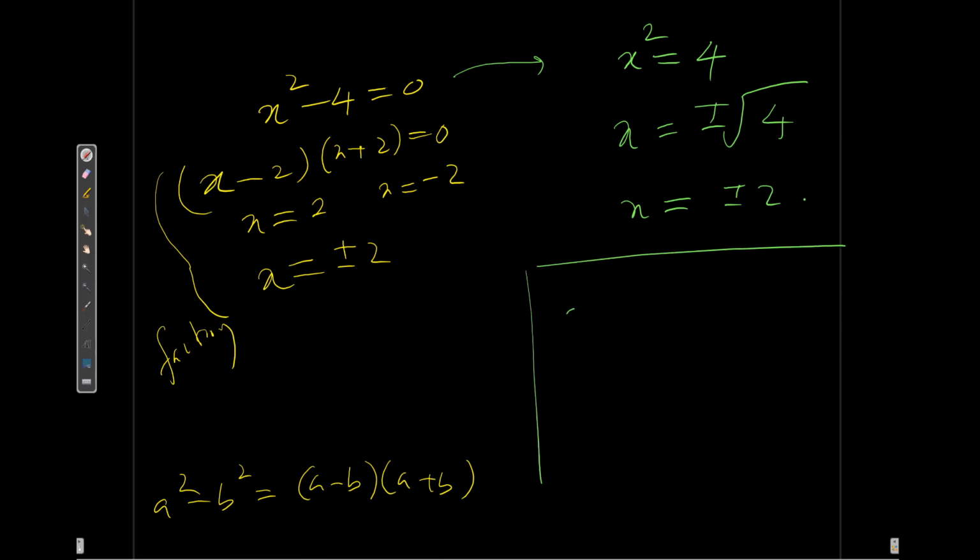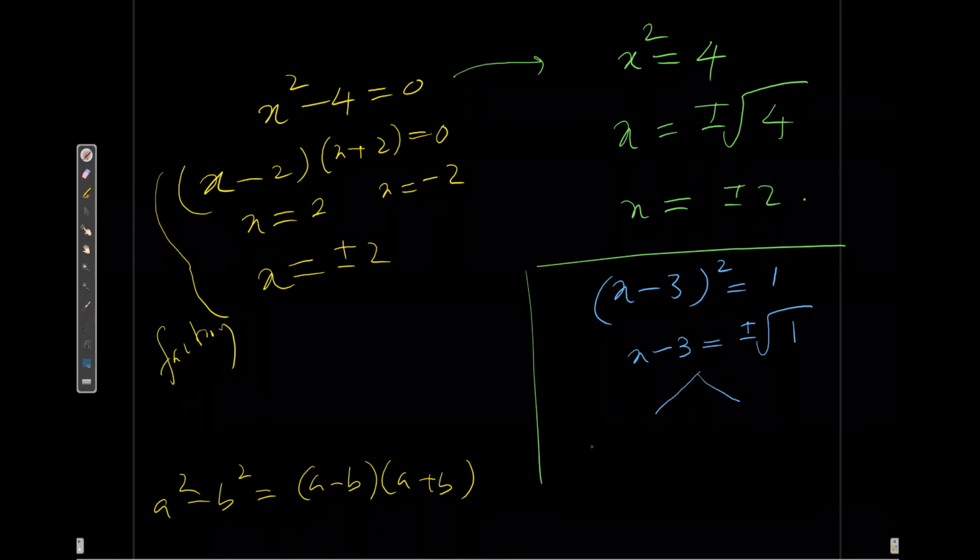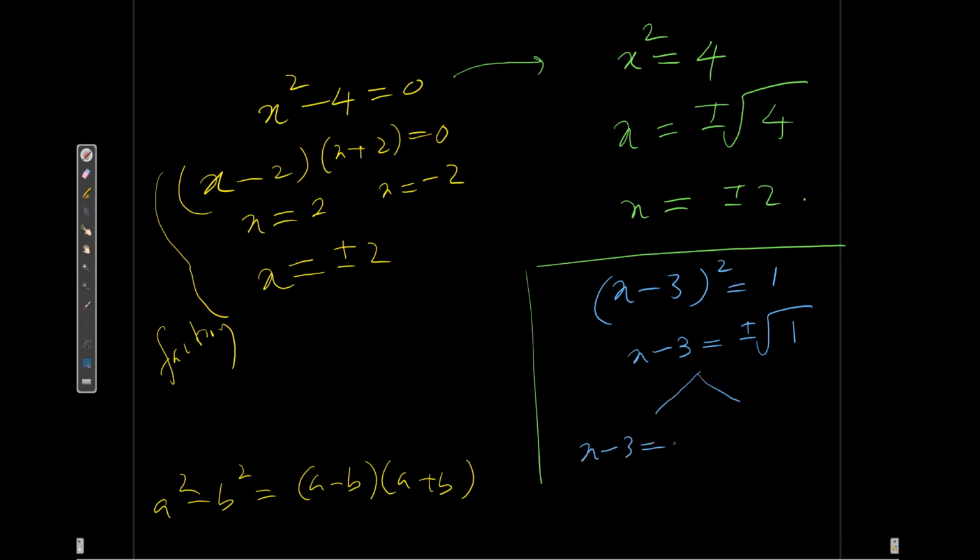Square root technique is helpful if the equation appeared like this. If your equation appeared like this, it's helpful because now x minus 3 is going to be square root of 1, plus or minus 1. So two parts, x minus 3 either negative 1 or x minus 3 either positive 1. So x equal 3 minus 1, x equal 3 plus 1, which is 2 or 4, right?